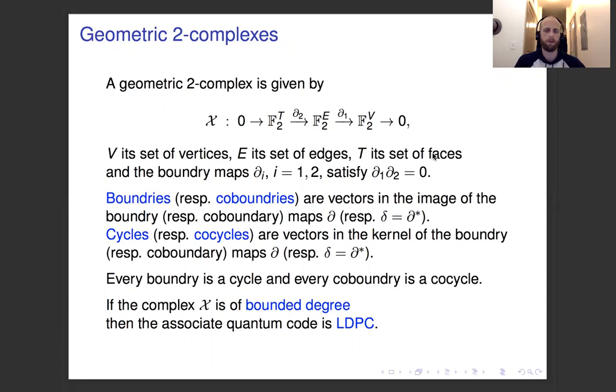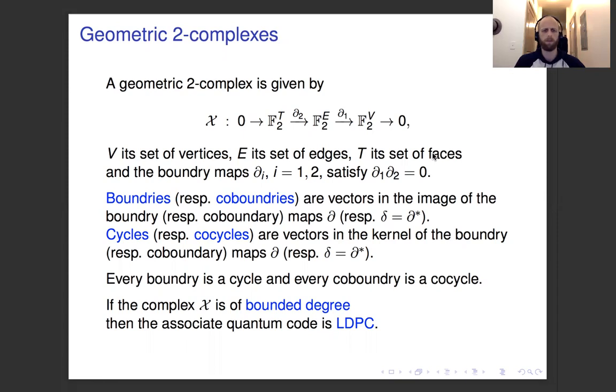You can think of these objects as really coming from a geometric object like a tessellation of some 2-dimensional manifold, or a simplicial complex with vertices, edges, and triangles, or other geometric objects of dimension 2. The example to keep in mind is that you have your geometric object comprised of vertices, edges, and faces, or triangles in the case of simplicial complexes, and you have natural boundary maps.